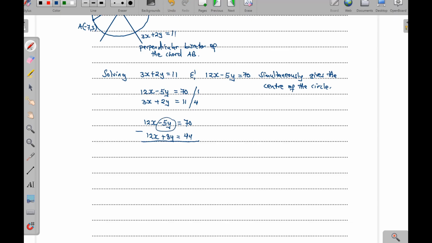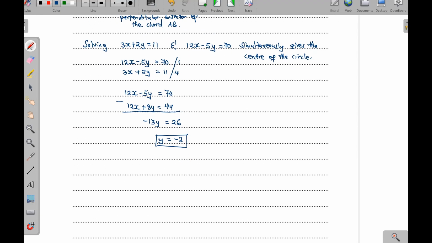Now, minus 5 minus 8 gives us minus 13y. And then 70 minus 44, isn't that 26? Yes, 26. That means y will be equal to negative 2. So if y is negative 2, then what will be the x coordinate when we substitute in any of the two equations?